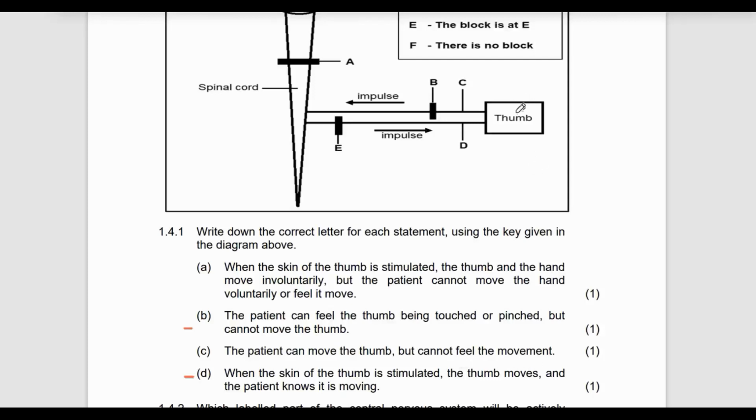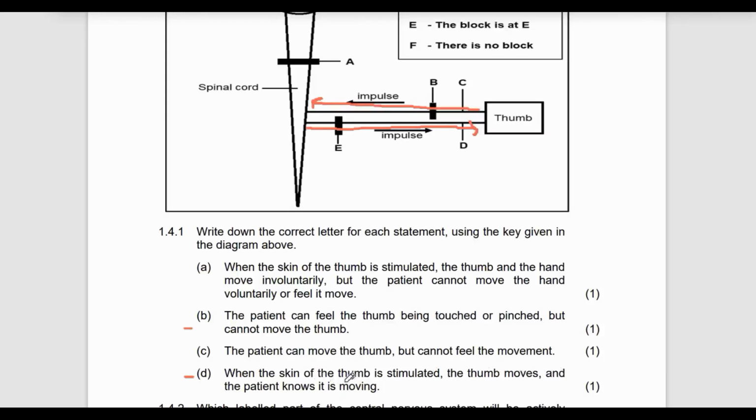Let's say I'm pinching this thumb of this patient, so the thumb can move, meaning that the impulses were sent to the central nervous system and back to the effectors, and the thumb moves.